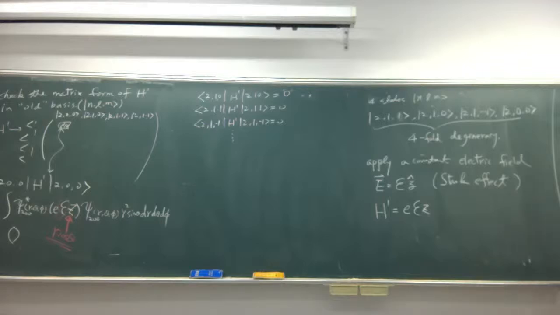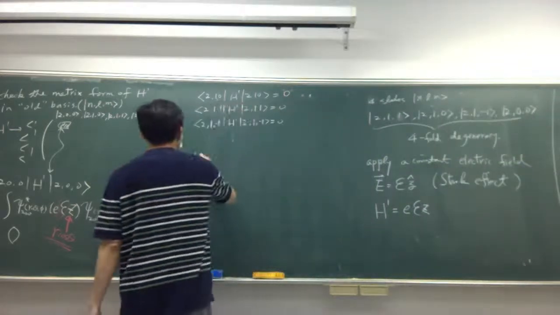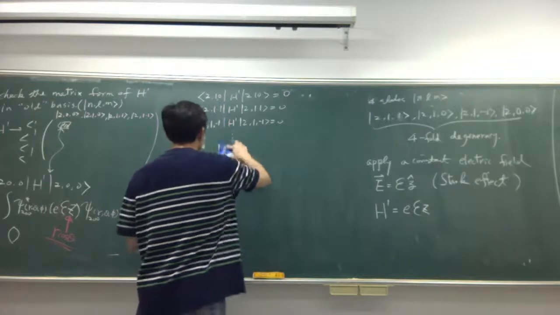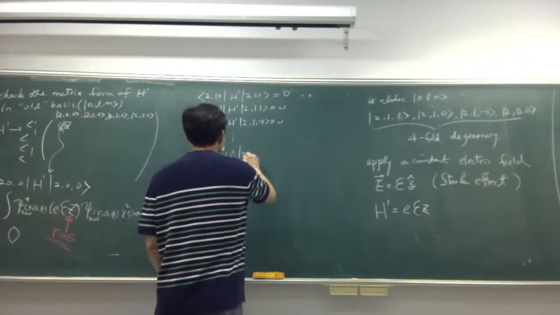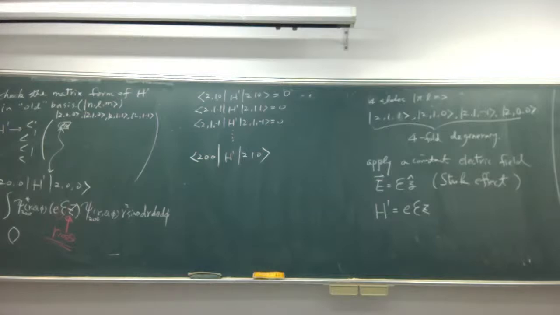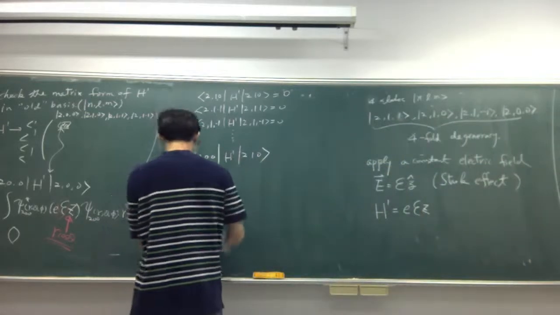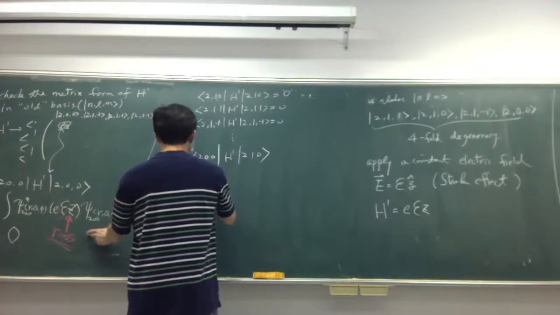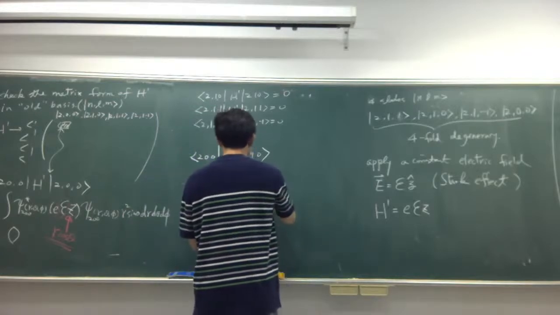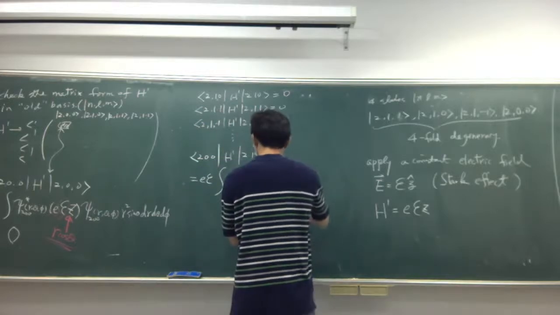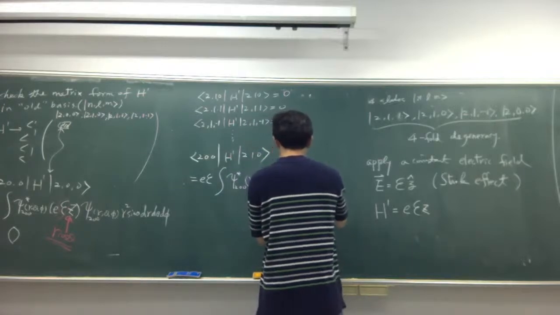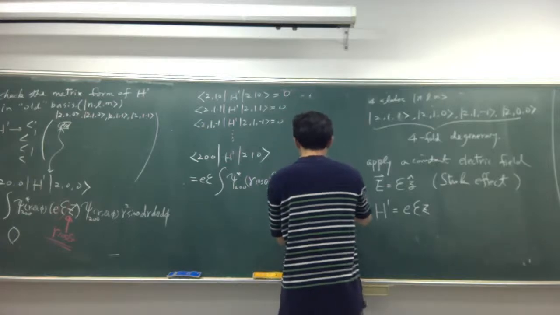And then when you check 2 0 0, H1, 2 1 0, you calculate that, and this is equal to the integration of psi 2 0 0, e epsilon r cosine theta, psi 2 1 0, and r squared sine theta dr d theta d phi.